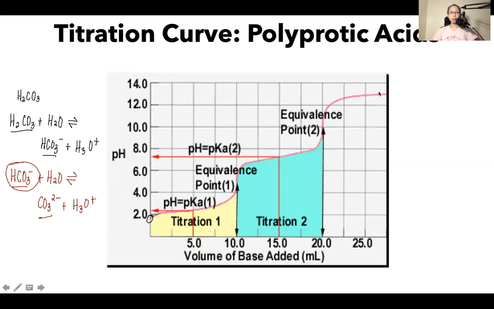So how do we determine the pK values? It's the same as for a monoprotic acid. If our basis is the first equivalence point, then we can get the pK for the first dissociation reaction. So get the volume at the first equivalence point, that's 10 mL, according to this sample titration curve.